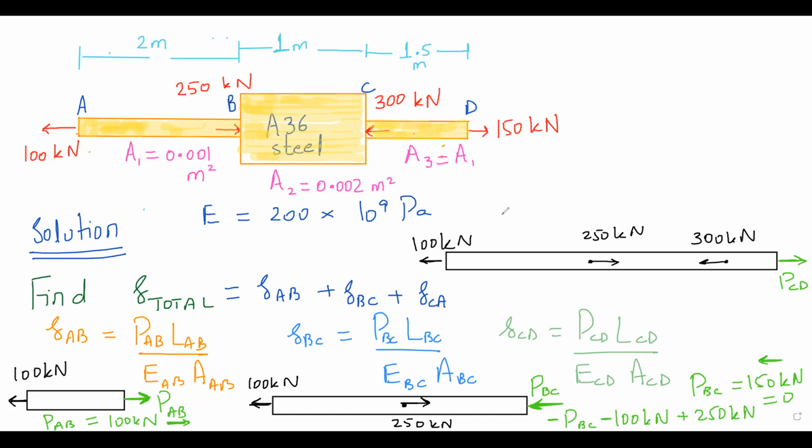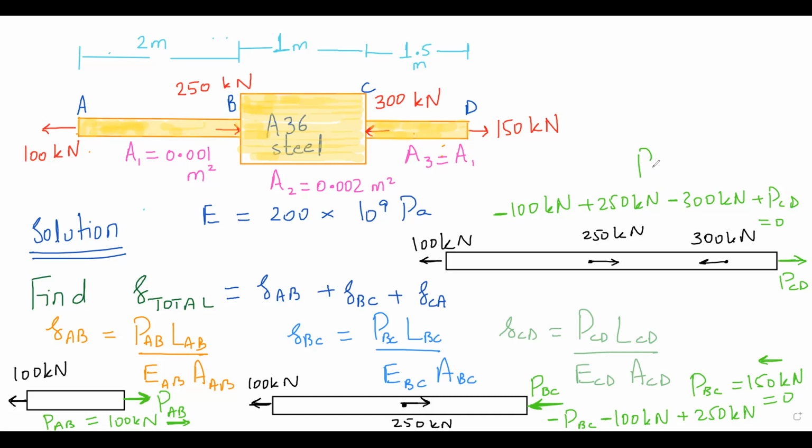Let me do it here. Minus 100 kilonewton plus 250 kilonewton minus 300 kilonewton plus PCD equal to 0. So I get, you can use a calculator, minus 100 plus 250, that is minus 150.